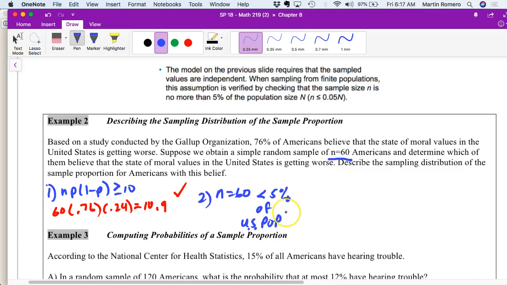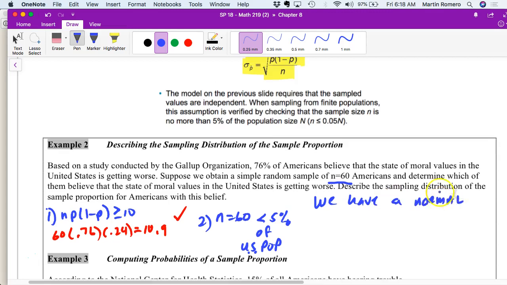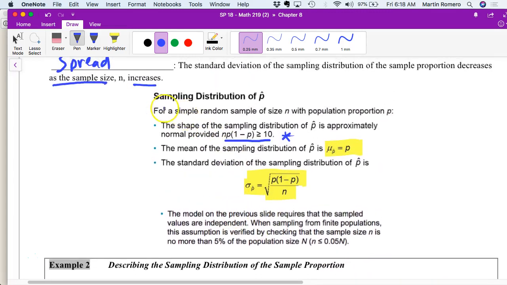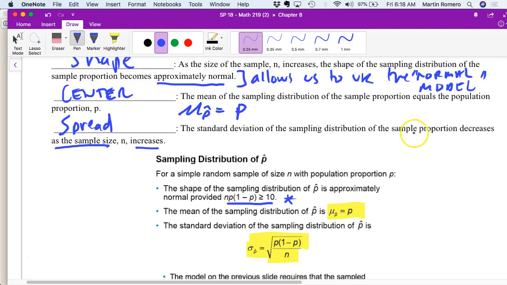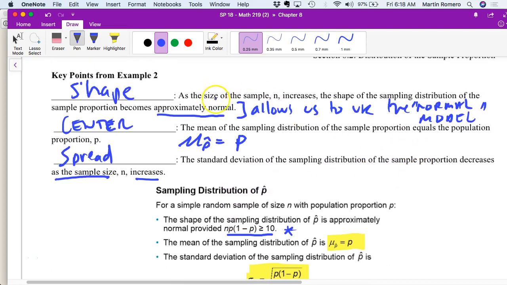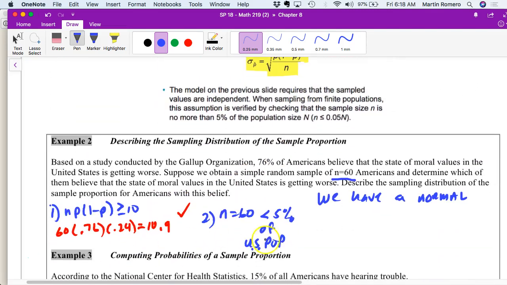And so now we know we have a normal distribution. Again, it comes from here: as the sample size increases, the shape of the sampling distribution of the sample proportion becomes approximately normal. As long as we have these conditions met, we have a normal distribution.